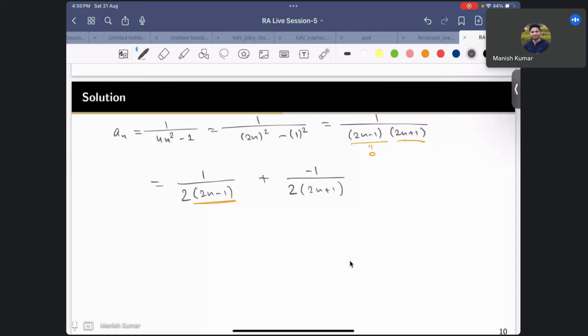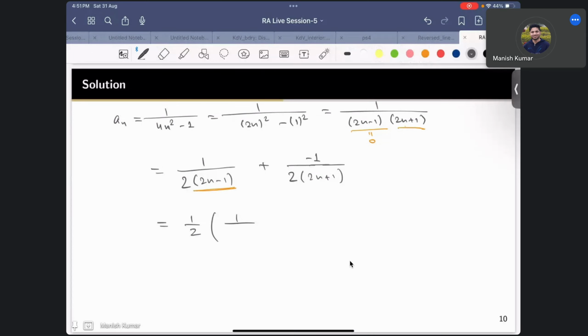Now it's simple. Let me write it in one more line. So you'll have 1 by 2, 1 over 2n minus 1, minus 1 over 2n plus 1, correct? So now when you write this sum of an from n equal to 1 to capital N, what you see is that there will be a cancellation of consecutive terms, correct?